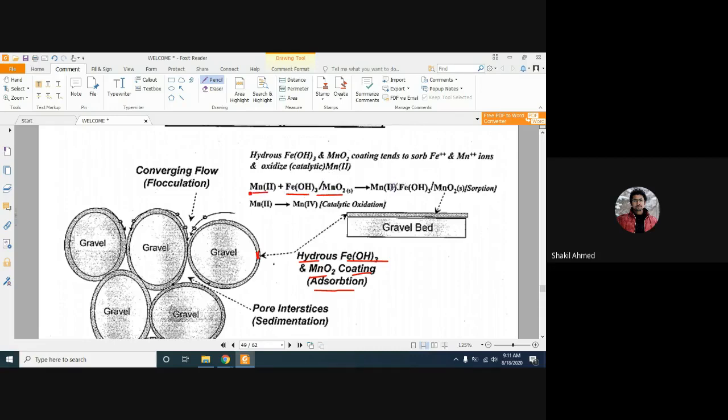That means dot, this dot, this means adsorption. After they have adsorbed into the coating, this manganese is easily oxidized because they are now adsorbed into the coatings, which is the catalyst.